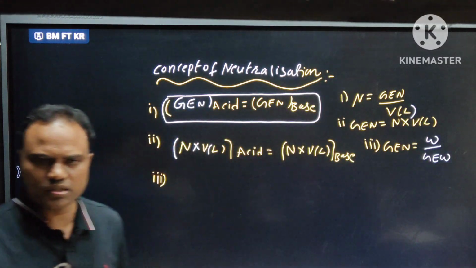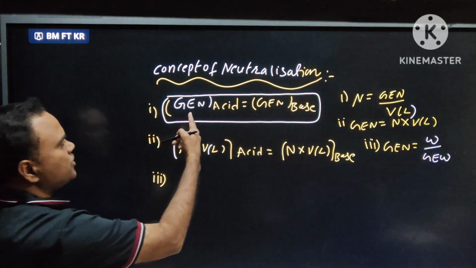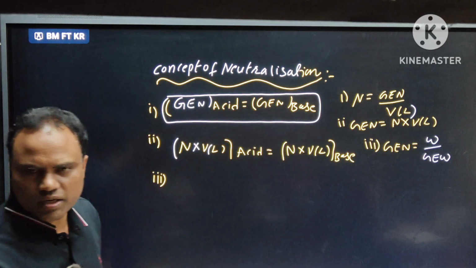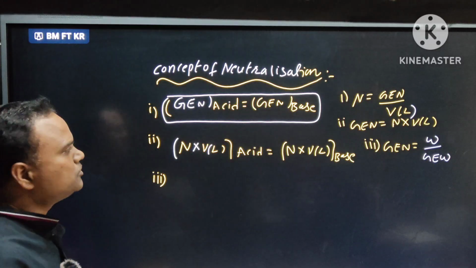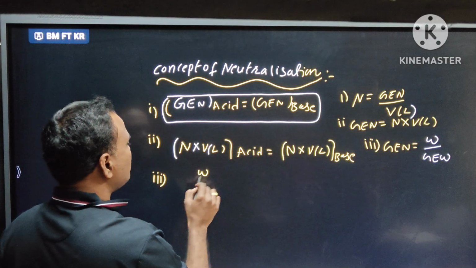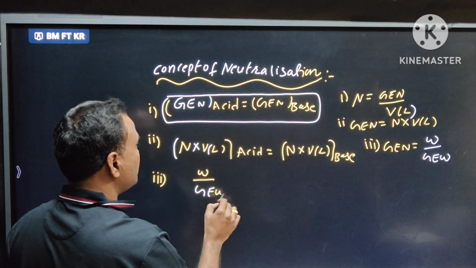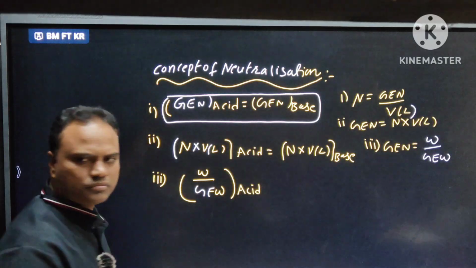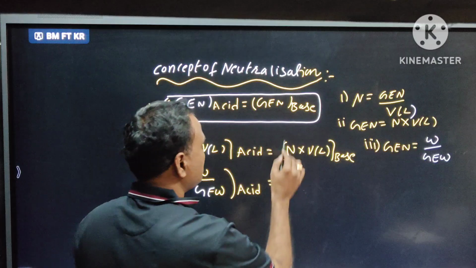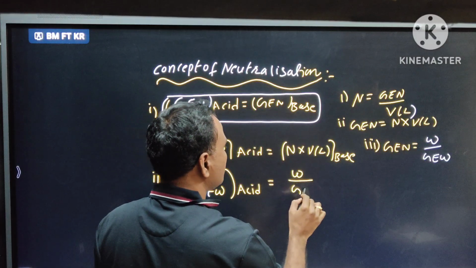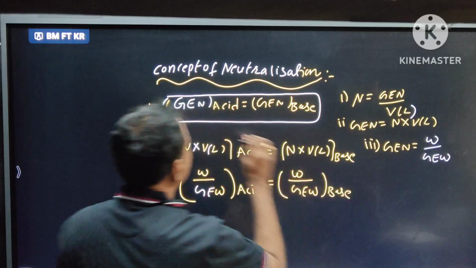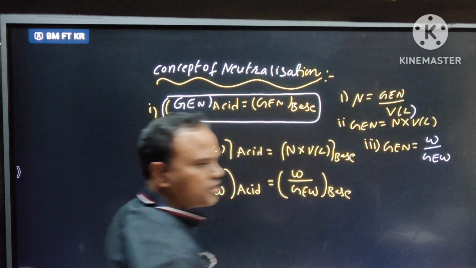So in place of Gn, what can you write? Weight by gram equivalent weight of acid. Here also you can write weight by gram equivalent weight of base, because Gn is equal to weight by gram equivalent weight.